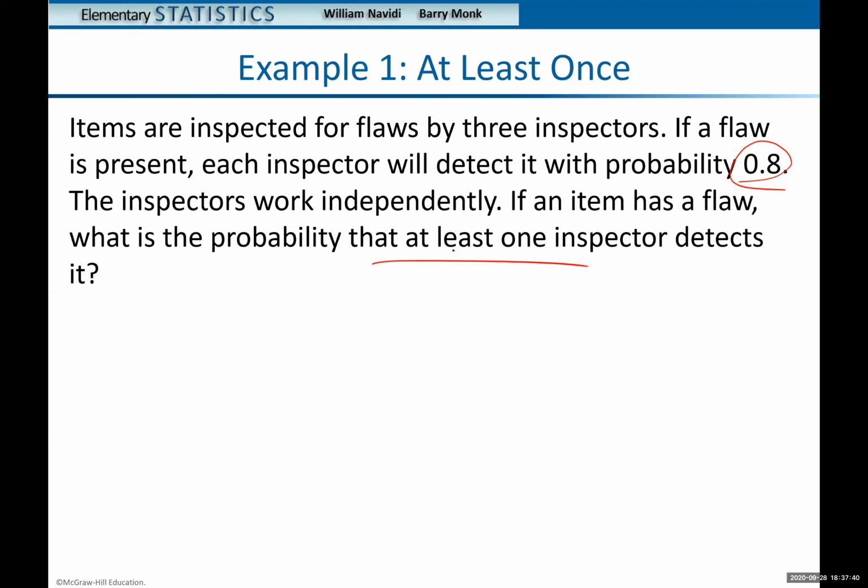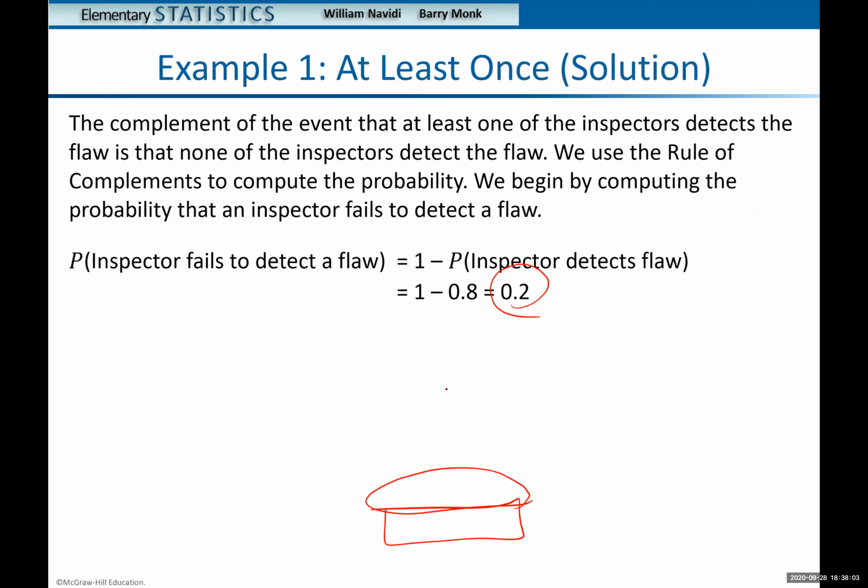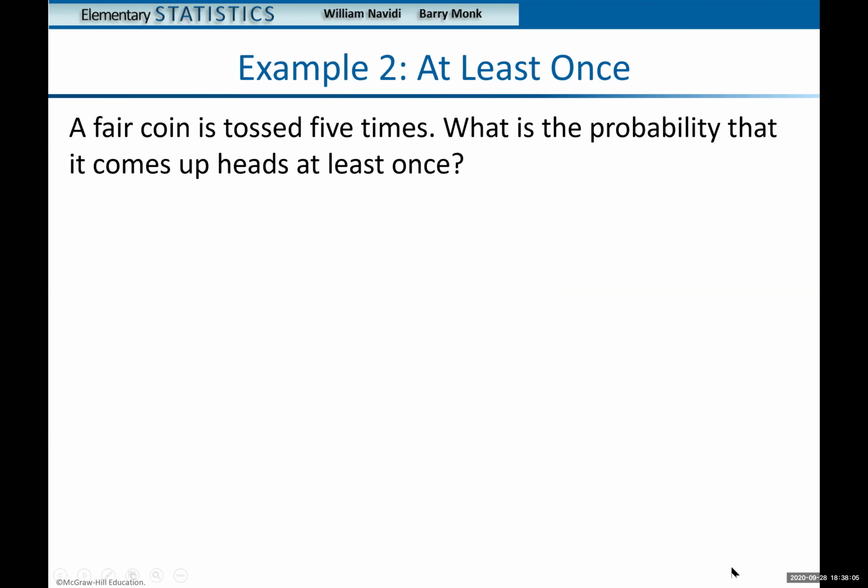Then to compute at least 1, that is simply 1 minus the complement, 0.2. And you are solving with 3 inspectors, so just raise it to 3, and you will get the answer. Okay? So take note of that, and let's apply that here.